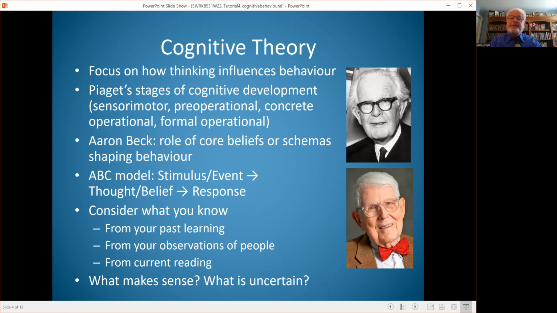Now, in contrast, cognitive theory focuses on something a little bit different. It focuses on how thinking influences behavior. It comes theoretically from Piaget's stages of cognitive development, where Piaget said that infants tend to learn just by the sensory experiences that they have.